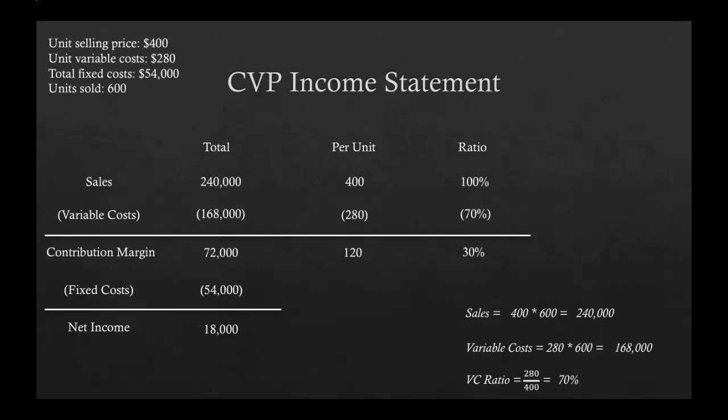So we've now filled out our CVP income statement for total, per unit, and ratio amounts. We're going to use all of this information to find our break-even point in units and our break-even point in dollars.